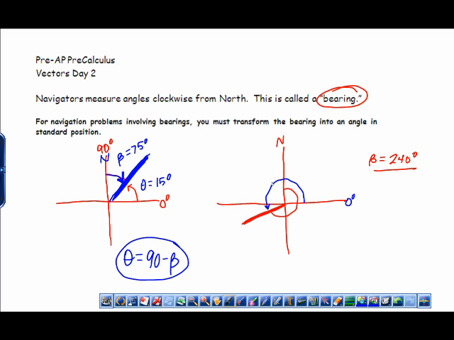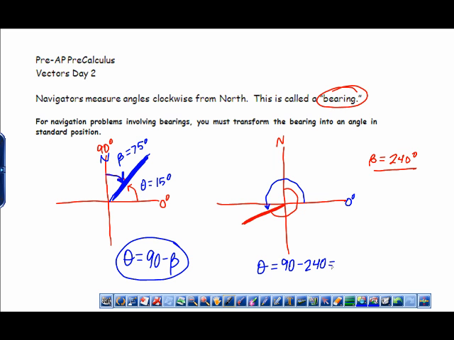Okay, so let's think about it. It would be 90, 180, and then to find this missing part, you'd have to do a couple of different calculations. You'd have to think about how far past 180 you were, then subtract that from 90. But it's going to work where theta is going to be 90 minus 240.